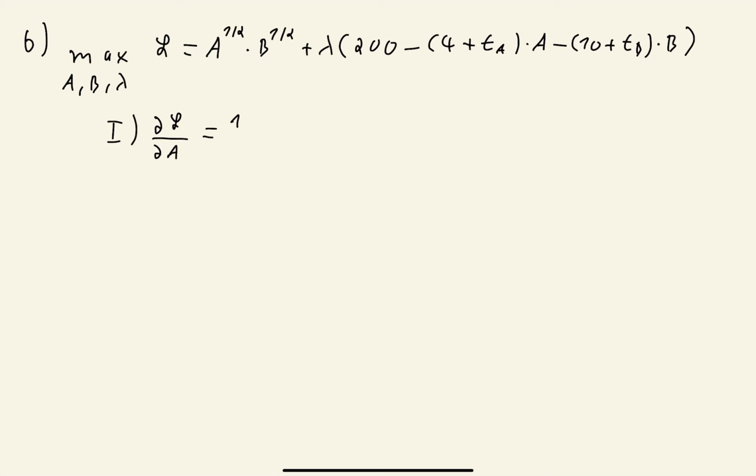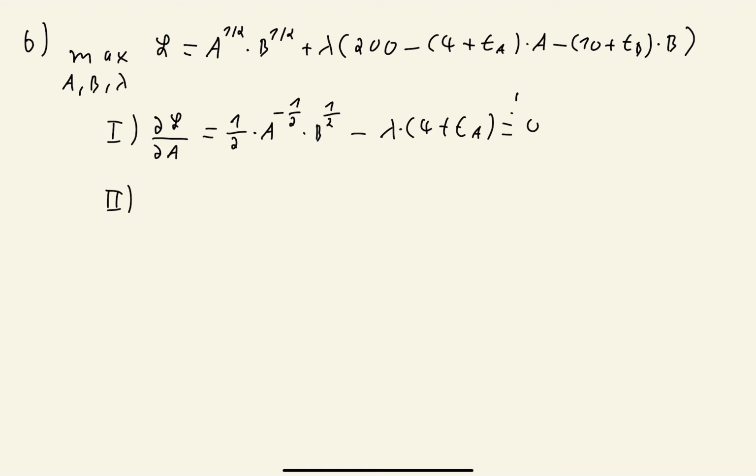So this gives us 1/2 times A to the power of minus 1/2 times B to the power of 1/2, minus lambda times (4 plus tA), which should be equal to 0.